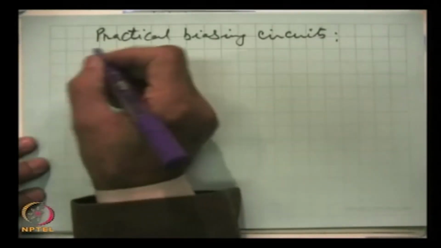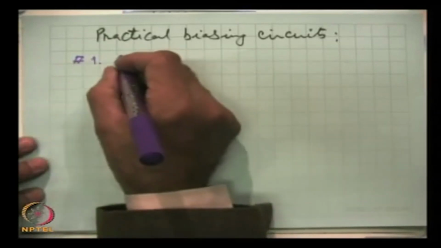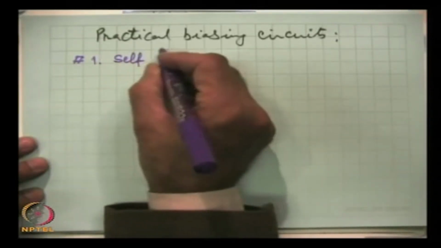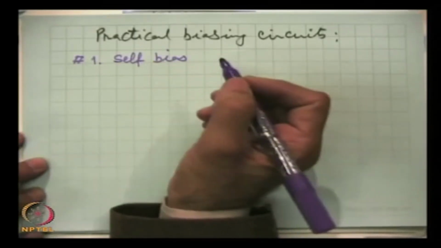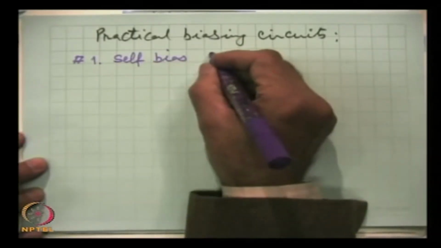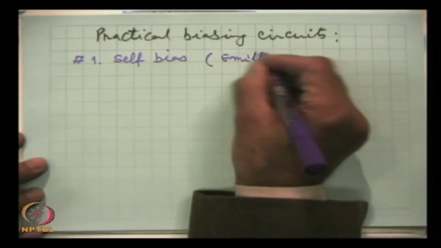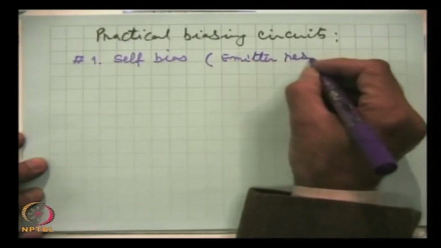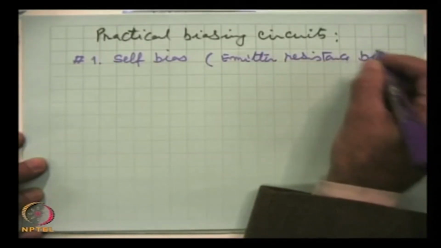One is what we call self bias, which is also called emitter resistance bias.